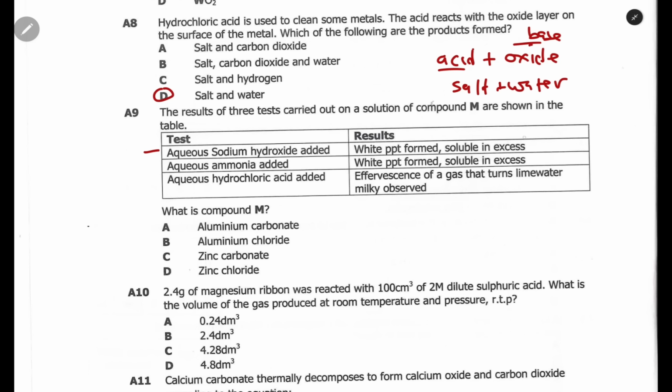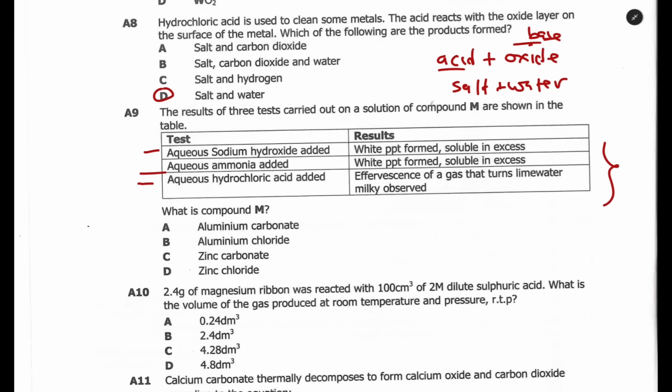White precipitate forms, soluble in excess. Then aqueous ammonia added, white precipitate forms, soluble in excess. Then aqueous hydrochloric acid added, effervescence of a gas that turns lime water milky is produced. So in other words, these are the tests that are carried out on a certain compound.